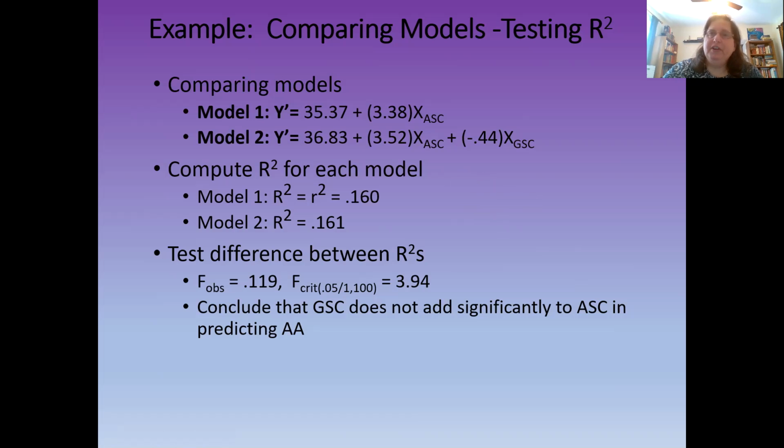That would have accounted for everything. However, in another situation where you're just looking for what's most important in predicting academic achievement, you can probably just go ahead and do this top Model 1 with just ASC, because GSC isn't adding that much more. Okay.